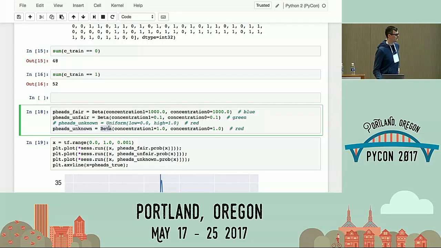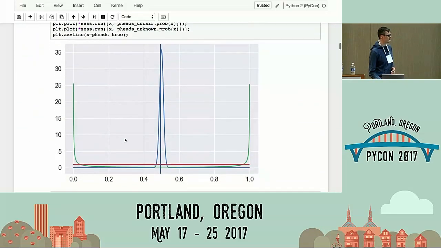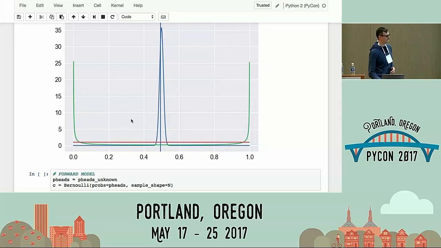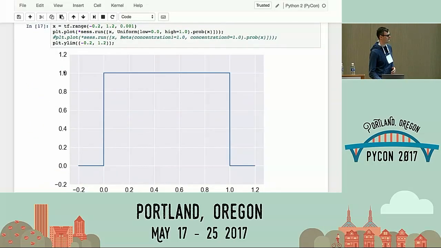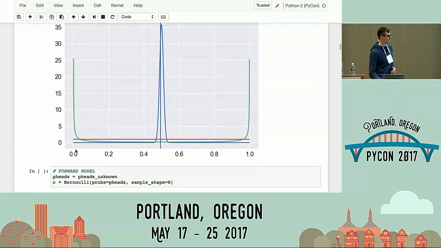In fact, this beta, with these two parameters concentration 1 and concentration 0, is completely equivalent to this one. Beta is actually a parameterized family of distributions, and it can interpolate between very different things. Given these two choices for concentration 1 and concentration 0, it happens to agree exactly with this other thing, uniform. That's also why this red graph looks exactly like this graph here. You see there's the value 1 here, and you can imagine that this is also 1. It actually is.